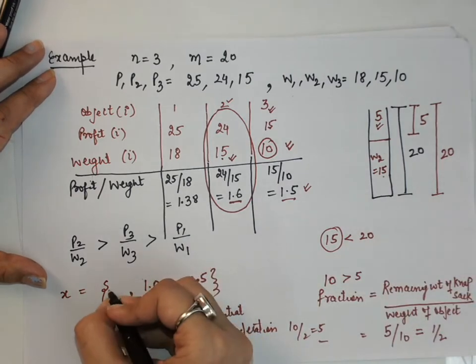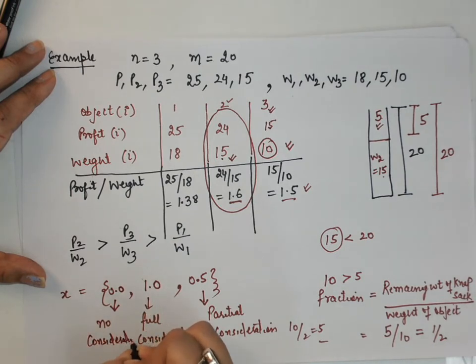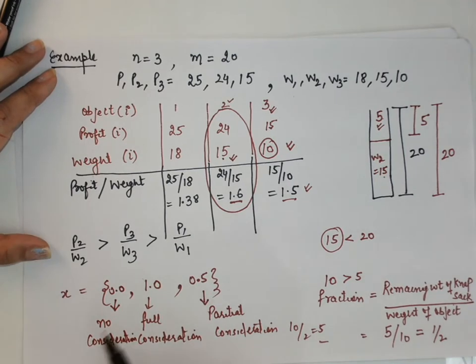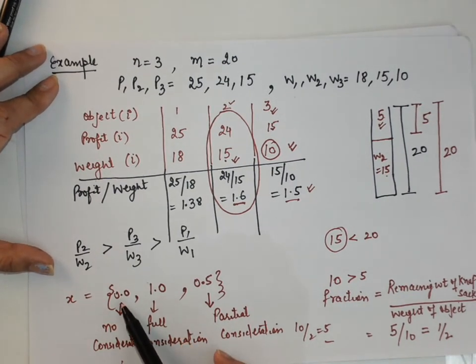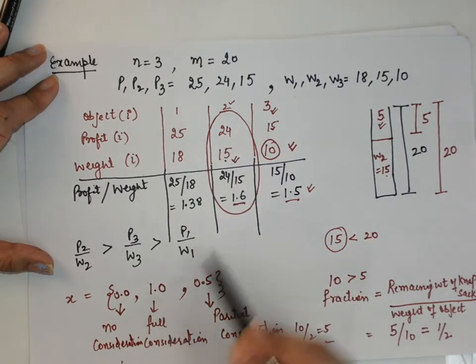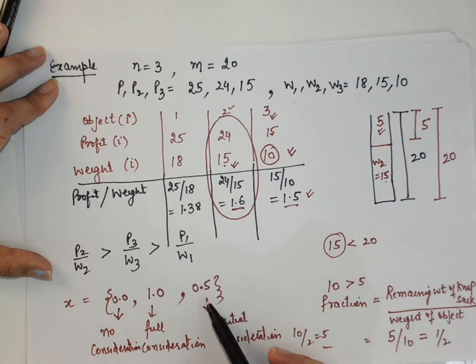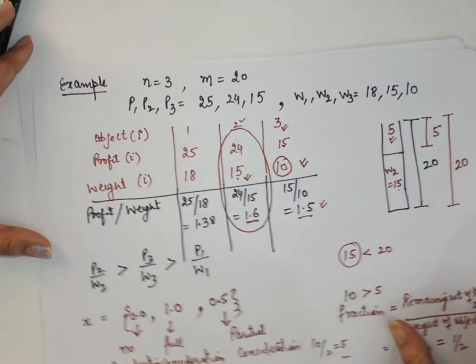So item number 1 cannot be accommodated. So no consideration. So this is my solution vector. This means I have not considered item number 1. I have considered item number 2 fully, and item number 3 partially, that is, I have considered half of the weight of item number 3.